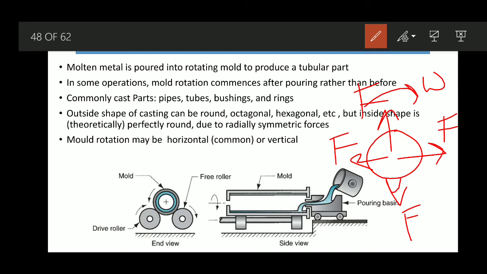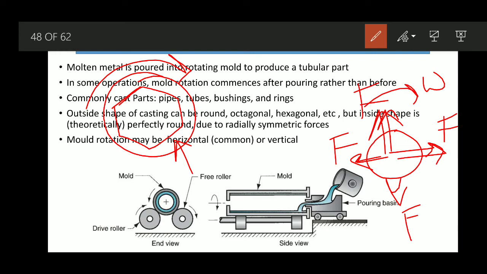Depending on what kind of shape you have in the mold cavity, suppose the mold cavity is like this hexagon. Then if it rotates, whatever molten metal we have will be forced in the radially outward direction. That means this side, that side, like that, and it will move and surround here, and due to the radially symmetric force, it will deposit like this.